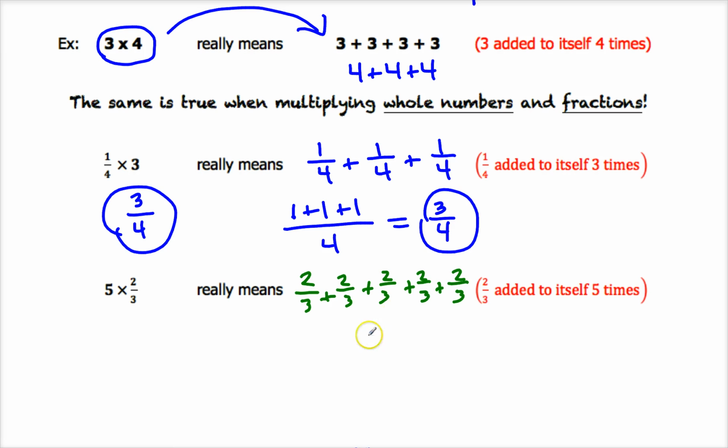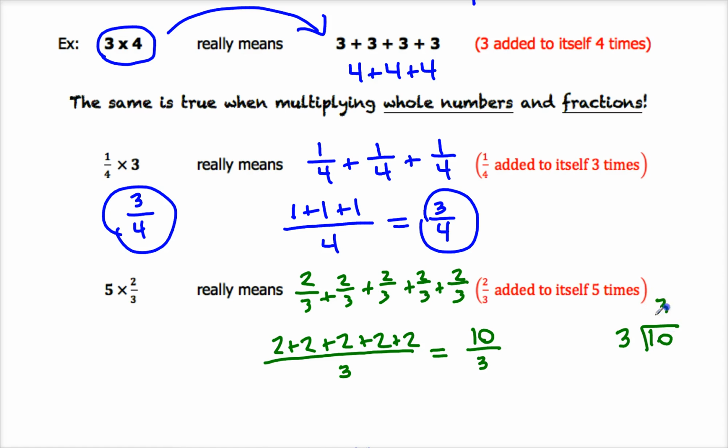Okay, well, when you add 2/3 to itself 5 times, you get 2 plus 2 plus 2 plus 2 plus 2 all over 3, which is just 10/3. 10/3 is an improper fraction, and so to make it a mixed number, we know we have to divide the numerator by the denominator. So 3 goes into 10 3 whole times. And when you multiply there, you're left with a remainder of 1. So this would be the same as 3 and 1/3. So 5 times 2/3, we could say, is 3 and 1/3.